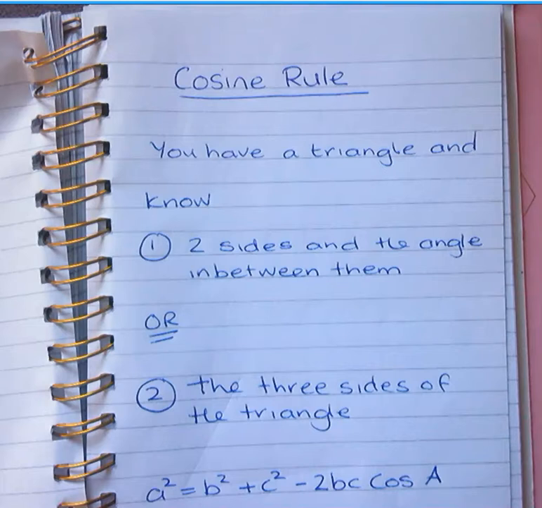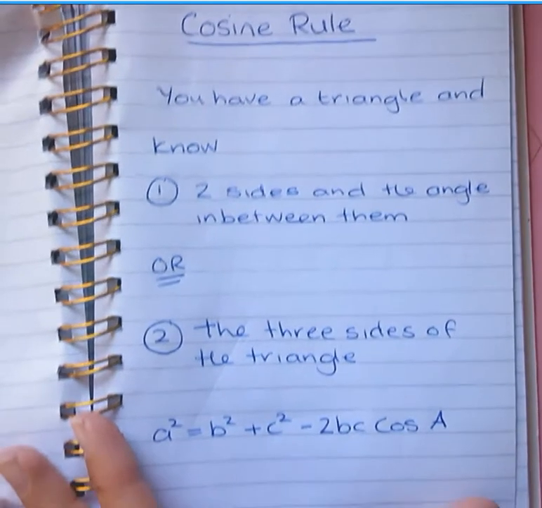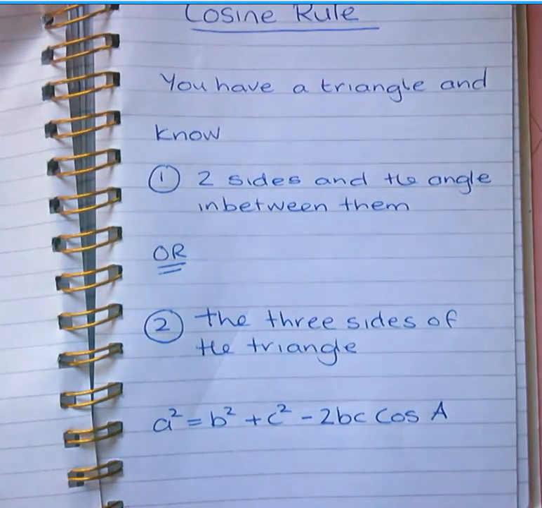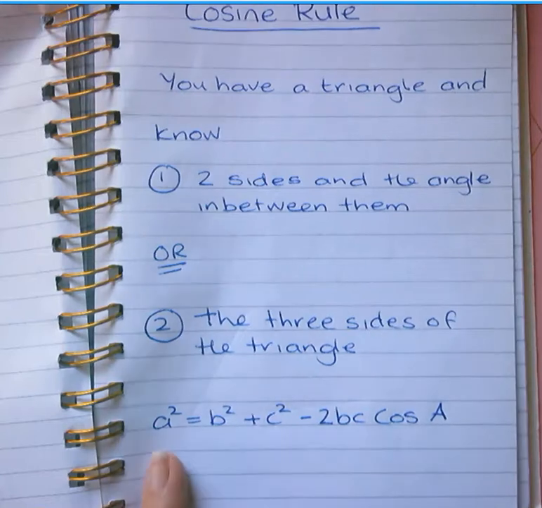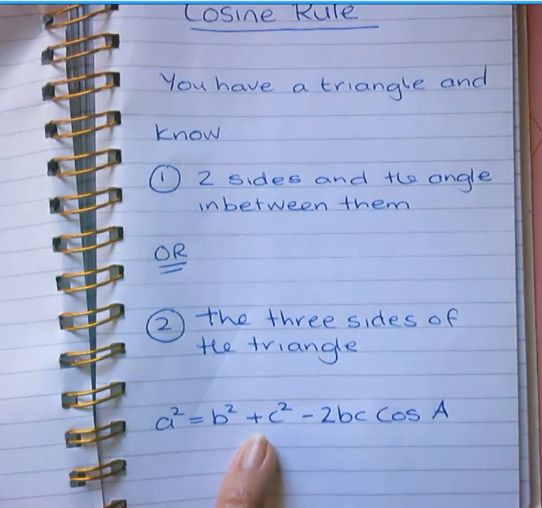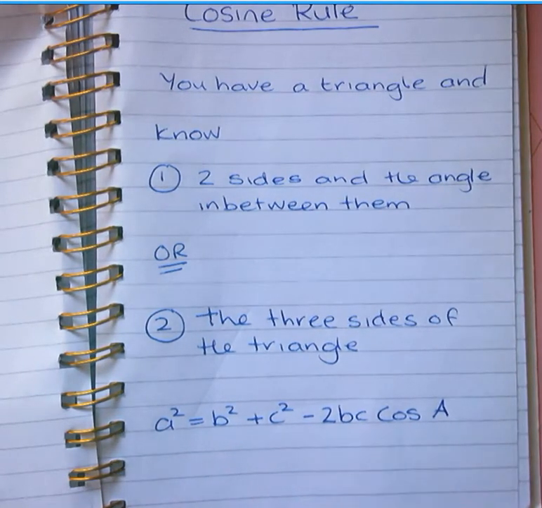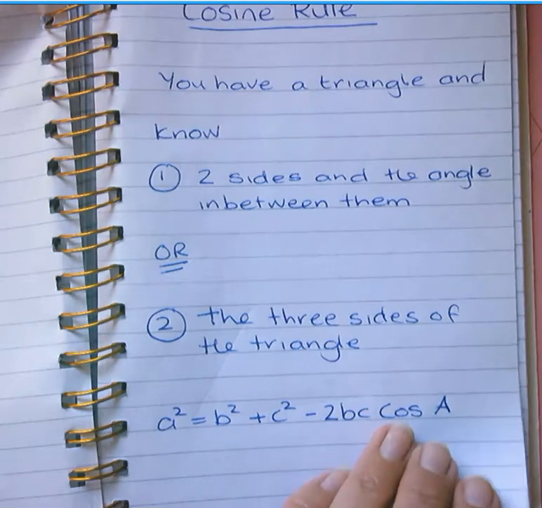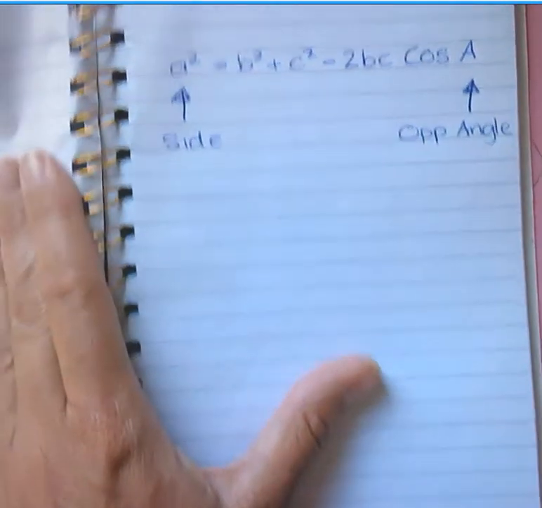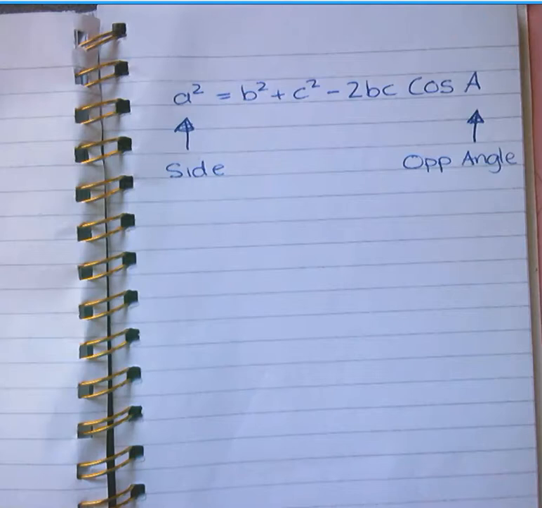For the cosine rule, you have a triangle and you should know two sides and the angle in between them, so you'd be able to work out its area, or you know the three sides of the triangle and no angles. The formula for the cosine rule is in the log tables and it says a squared equals b squared plus c squared minus 2bc cos A. For that formula, a, b, and c, lowercase, all stand for the sides.